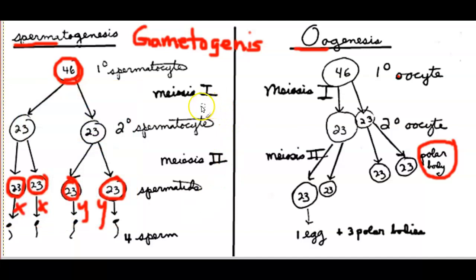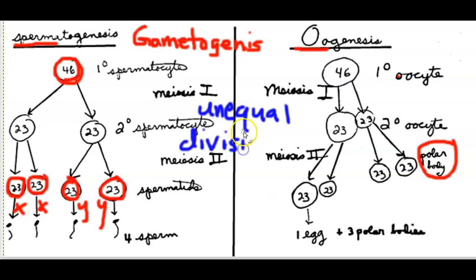For oogenesis, we have unequal division of the cytoplasm, so that, like a chicken egg, they'll get a lot of the nutrients in one. So they actually will only be able to produce unequal division of cytoplasm.